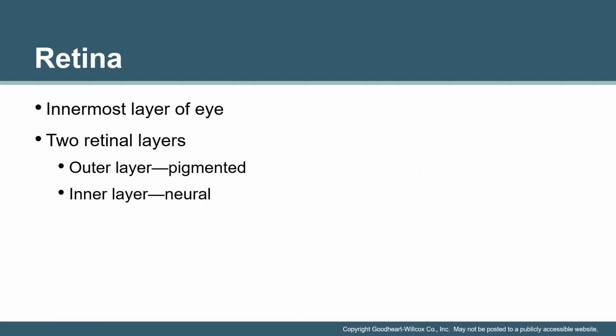So the sclera is that outermost layer of the eyeball. We mentioned the cornea. The cornea is like the very front part of that eyeball.